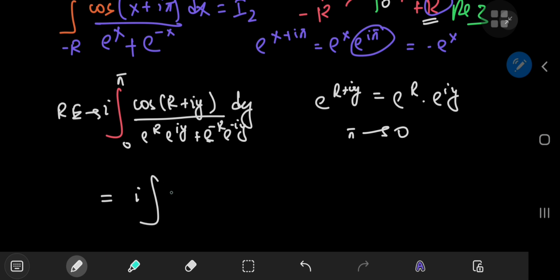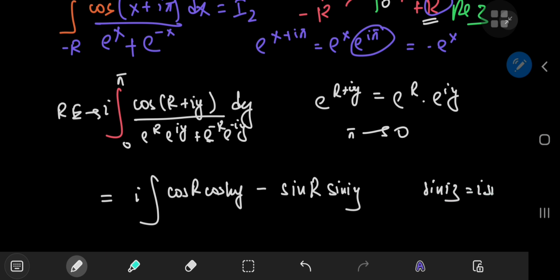expand the numerator. So this is the cosine of r times the cosine of iy, which of course is the cosh of y, minus sine of r times the sine of iy. Now sine of iz equals i times the sinh of z, where sinh is the hyperbolic sine function.